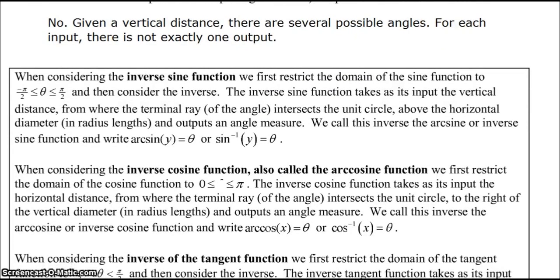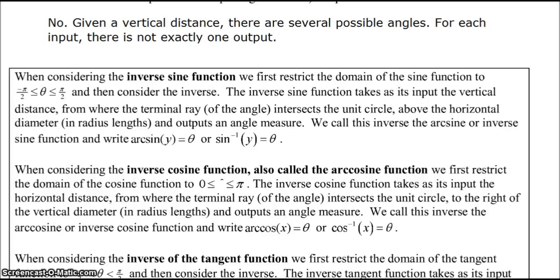When considering the inverse sine function, we first restrict the domain of the sine function to theta between negative pi over 2 and pi over 2, and then consider the inverse. By doing that restriction, we eliminate the problem of more than one output for each input, because we're just looking at a portion of the unit circle, the right hemisphere, quadrants 1 and 4.